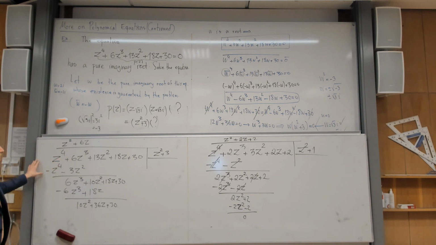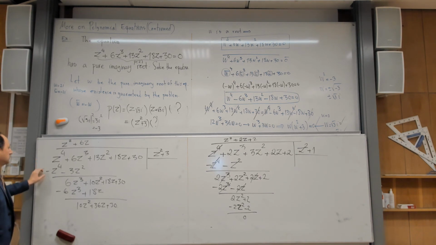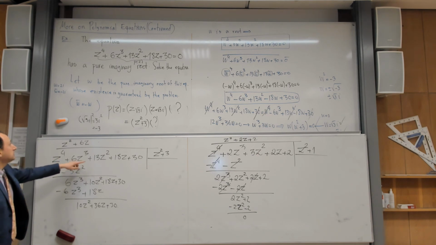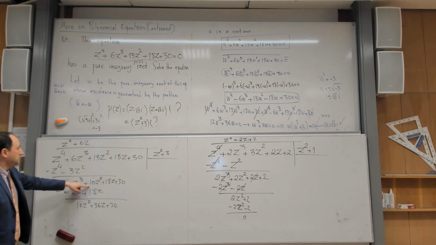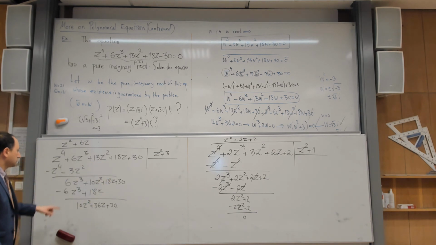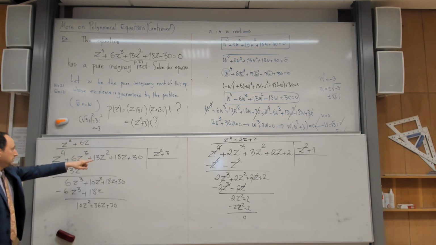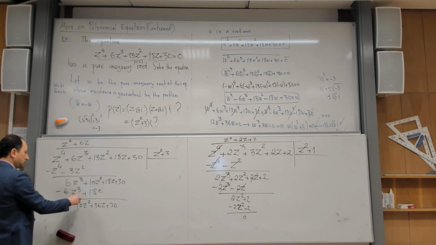Okay, so once more, let me test. Z squared multiplied by that, that is correct. When I add them, this comes down, and then this one and that one become 10, 18, 30. So that is not wrong. Then I divide this by that, it is 6z multiplied there. It is 18, oh, okay.